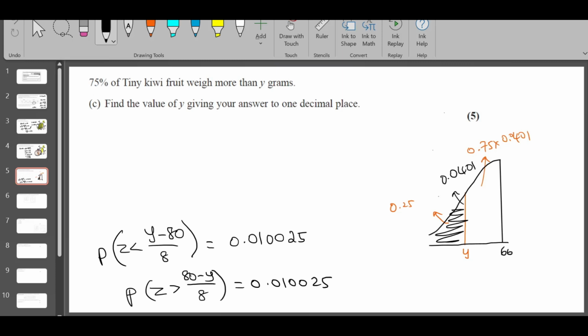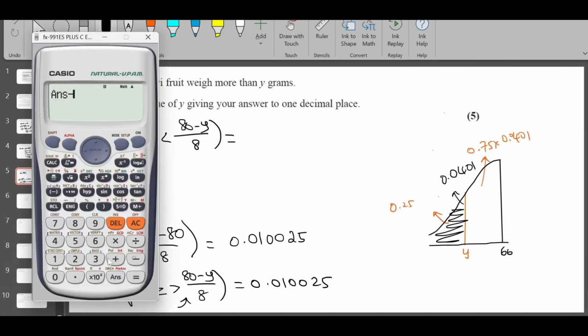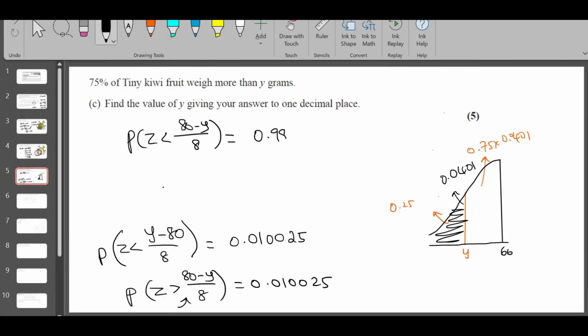So what I'm going to do, if the right hand side area of a positive number is this, then the left hand side area of the positive number would be 1 minus this, 0.989975.